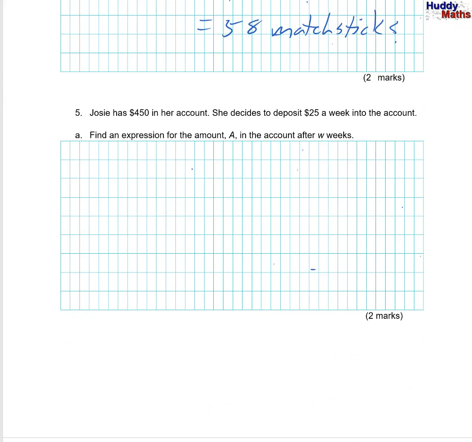Question 5. Josie has $450 in her account and she deposits $25 a week. Find the amount A after W weeks. So A will be, what she starts with, 450 plus $25 a week. So every week she's got W lots of 25.